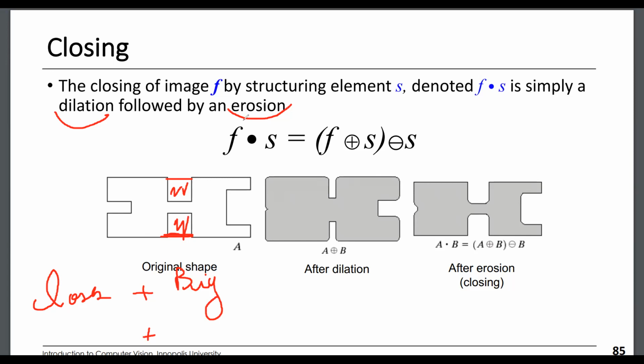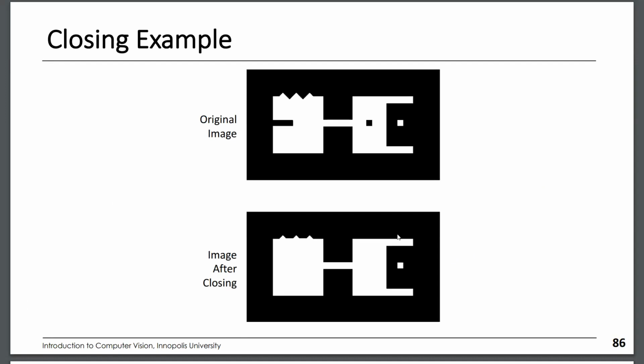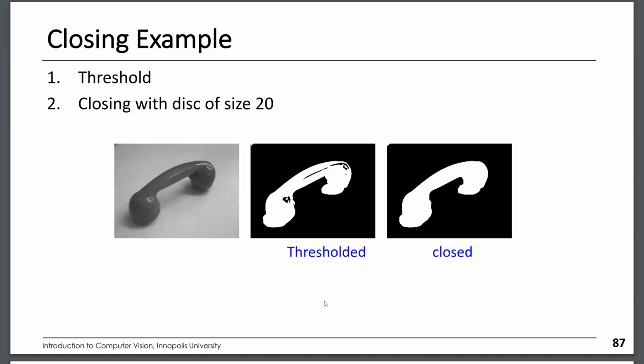So if we use erosion after this dilation, we remove this big dilation by shrinking the object. So they take away each other and you get only the closing part done. So this is just a small example of what closing looks like. So you see, this was completely removed.